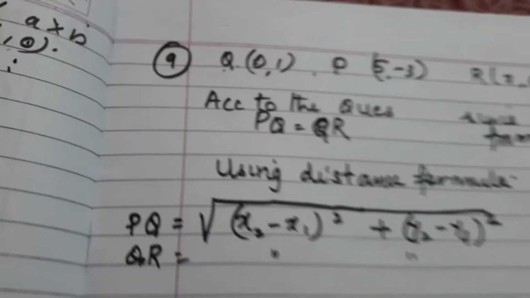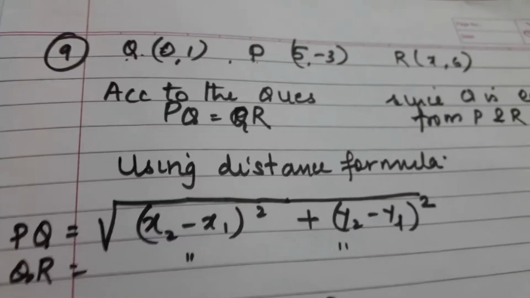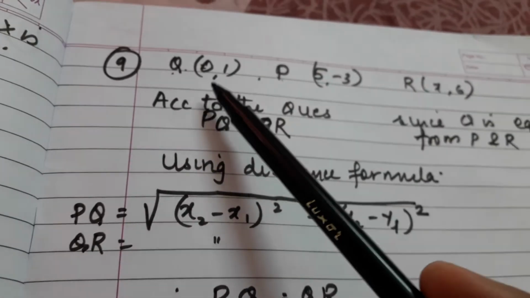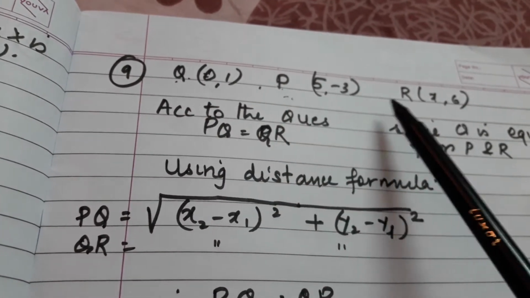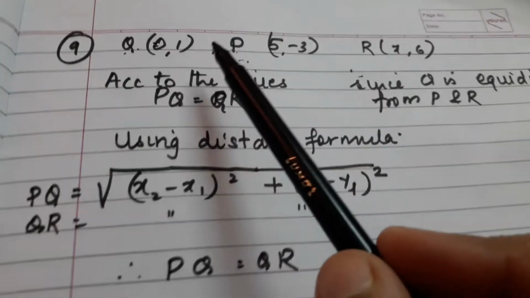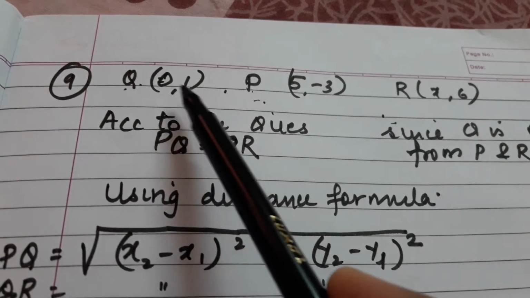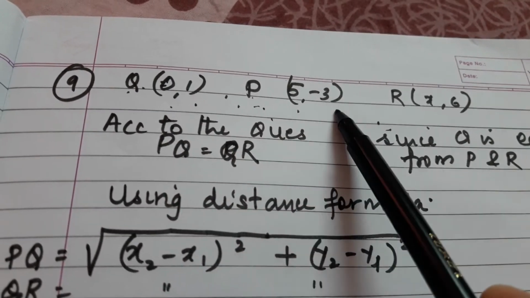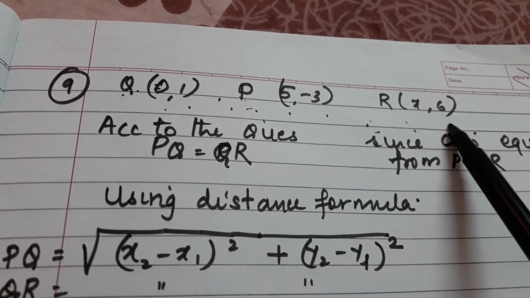Now in question 9, I'll explain. There are points given Q, P, R. Here you can see Q is (0, 1), P is (5, -3) and R is (x, 6).